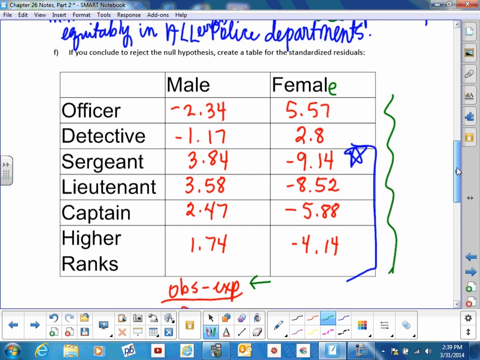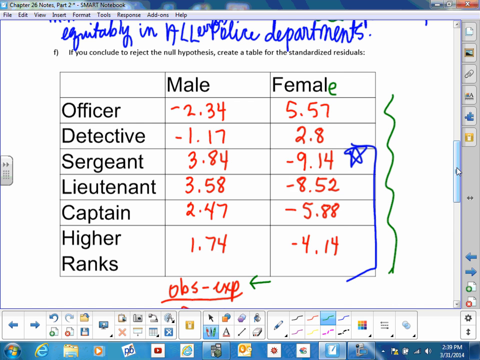I did that. Then when you have those items, of course you'll be asked to comment and interpret something about what this says. You should always say, as you can see in the standardized residual table, and make that kind of comment. You should comment on any general trend you see.